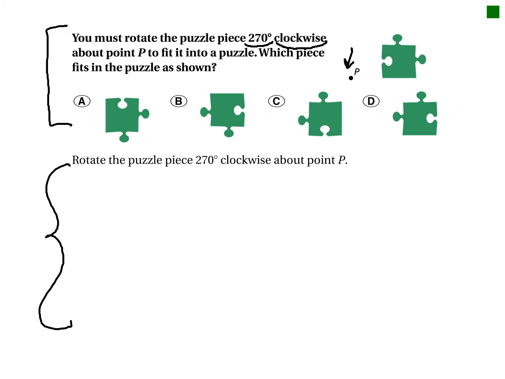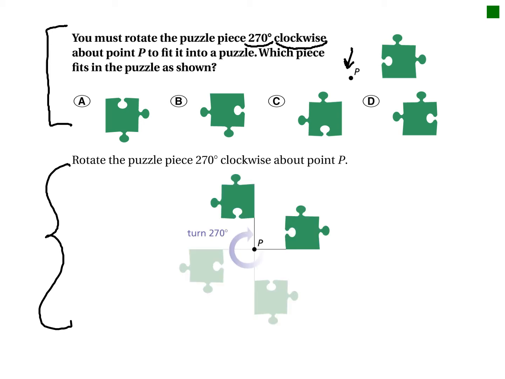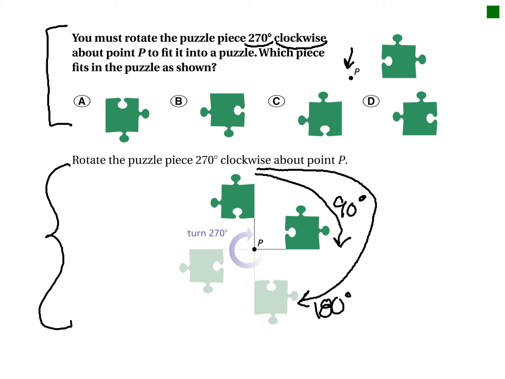270 degrees about P, here's what you should be visualizing in your head as we're going through this. One turn, here's what I need you to write down. One turn is 90 degrees. Two turns is 180 degrees.